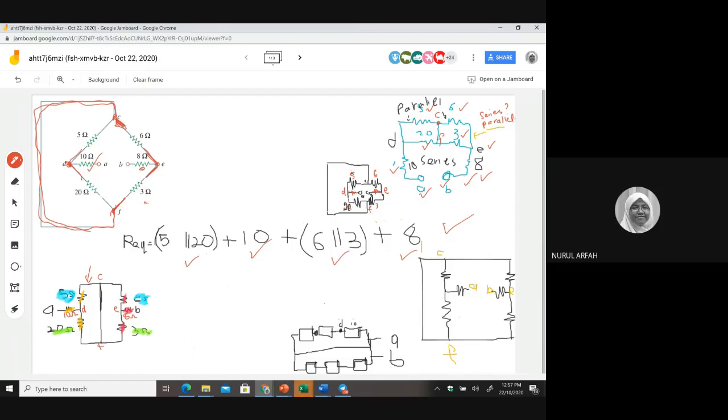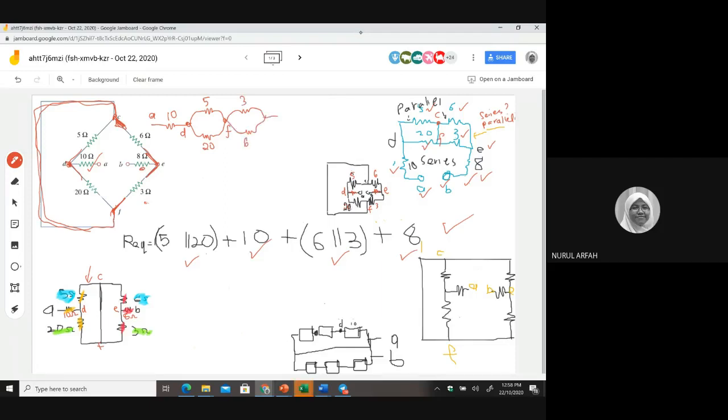Okay. The other way to draw this so that you do understand it, you put it this way. A, and you have 10. Then you have D. You have 5 here. Then you have here 20. And this is C and F, right? Connected to each other. Then you have 3. You have 6.